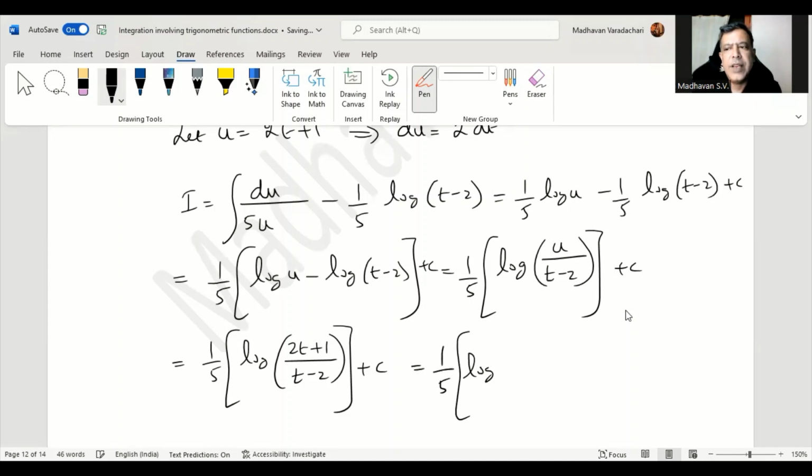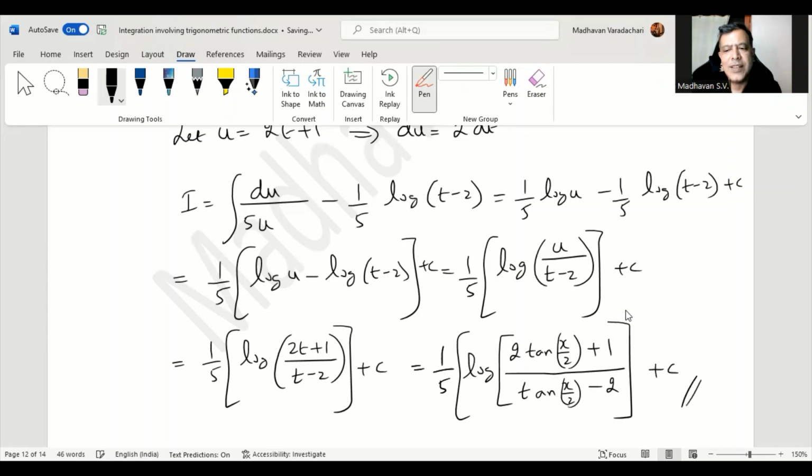What is t? We initially assumed t as tan x by 2. So it is 2 times tan x by 2 plus 1 divided by tan x by 2 minus 2, the whole thing plus a constant c. That will be the result of this particular problem.